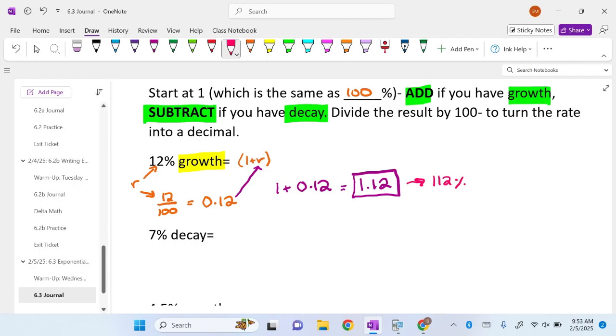The reason this implies an exponential growth is, if we put it into the context of a real situation, let's say that I put $1,000 in the bank and it grows at an interest rate of 12%, which is a very, very high interest rate, by the way. That never happens, but just hypothetically. The way the bank will calculate this is that they're going to figure out what 12% of my initial is, so 12% of 1,000.